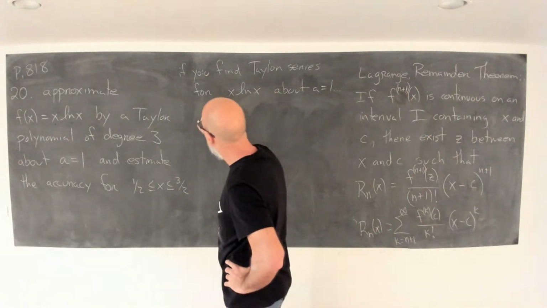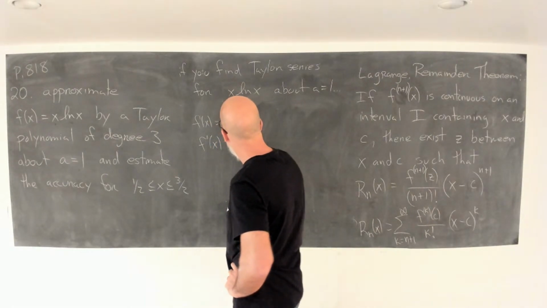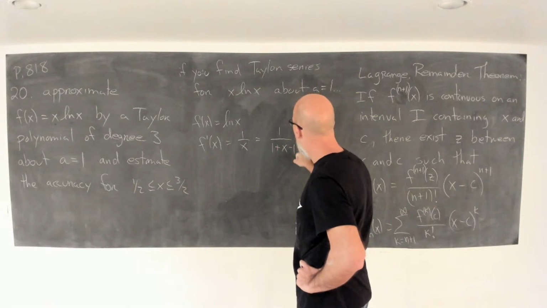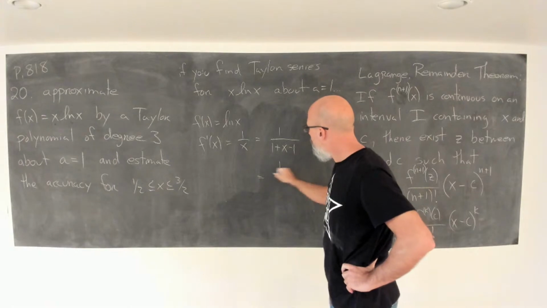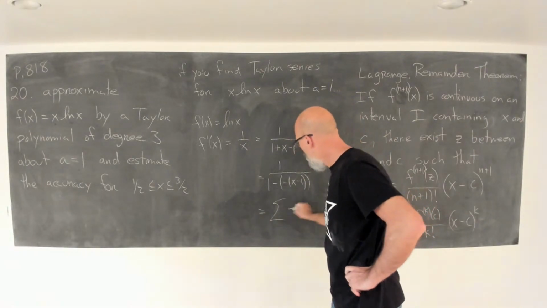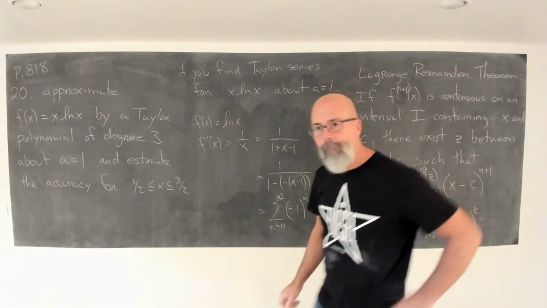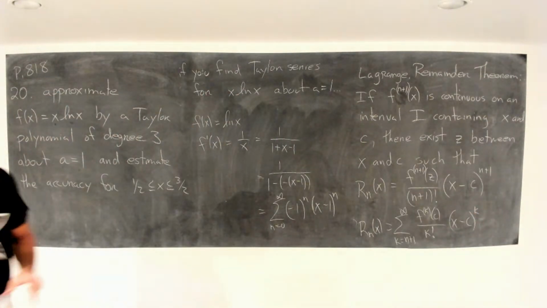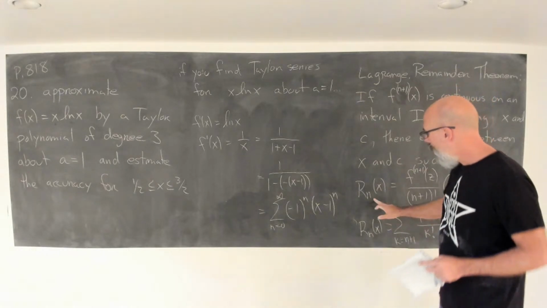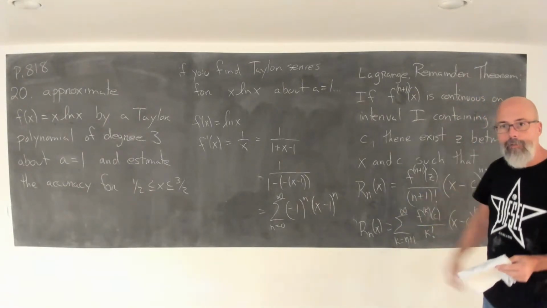Right? First of all, ln x, if we consider f of x is ln x, the derivative is 1 over x, which you're going to rewrite as 1 over 1 plus x minus 1. And it is approaching infinity, right?